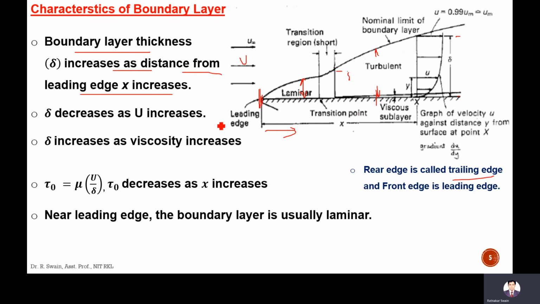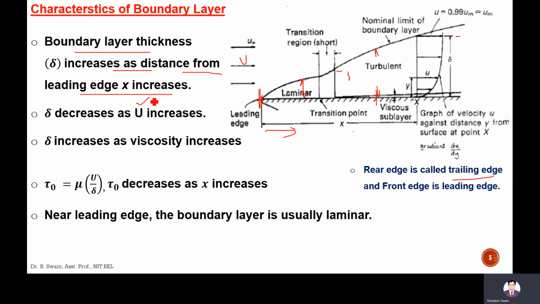Delta decreases as u increases. Delta increases as viscosity increases. As I told, the viscosity is the main force here. Actually, there are two forces in total: viscous force and inertia force. This boundary layer is due to the viscous force.